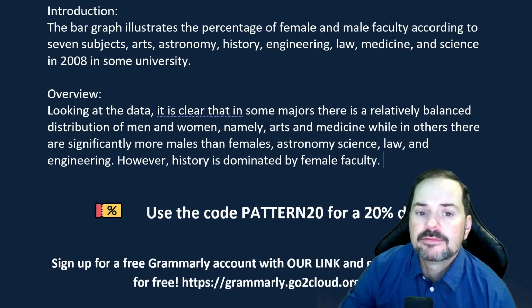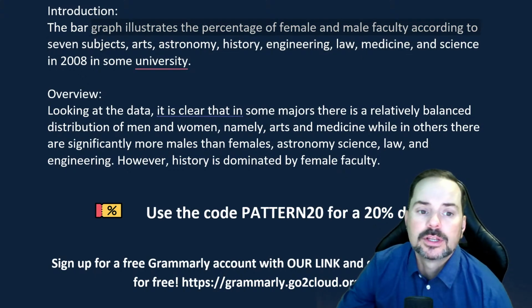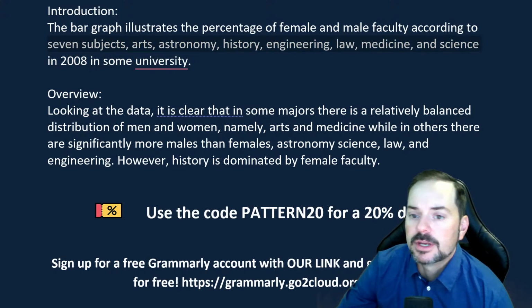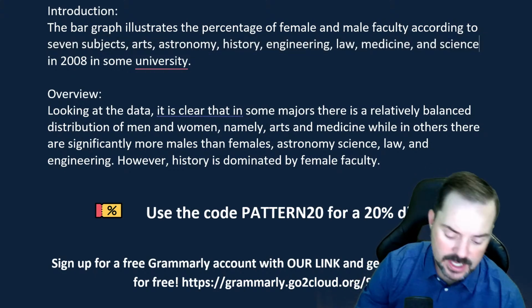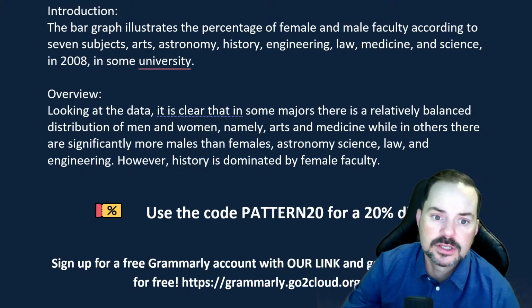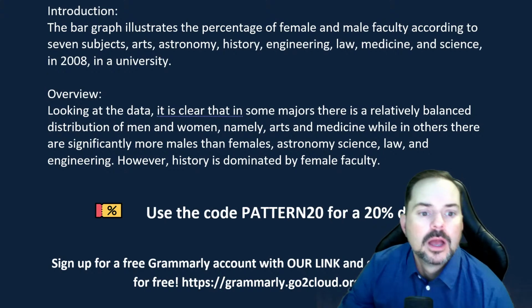So the bar graph illustrates the percentage of female and male faculty according to 7 subjects: arts, astronomy, history, engineering, law, medicine, and science in 2008 in university. In some university, let's change that to in a university there.